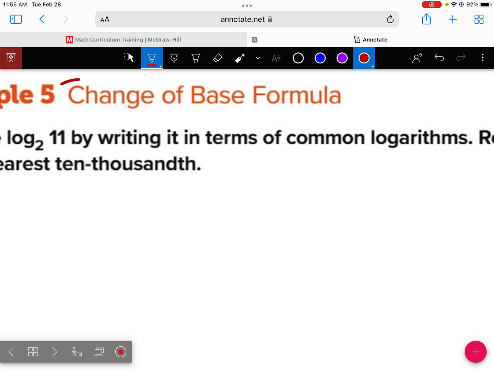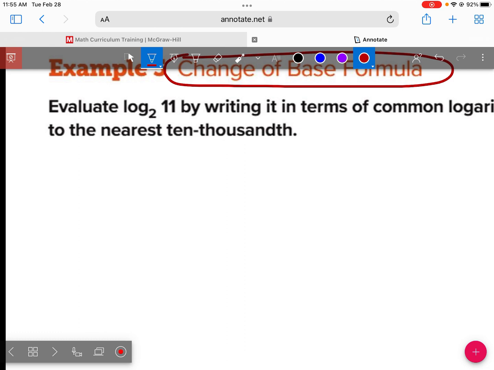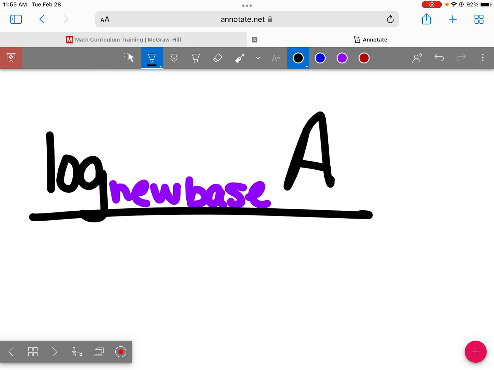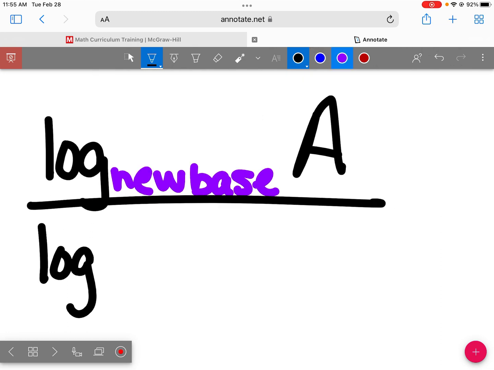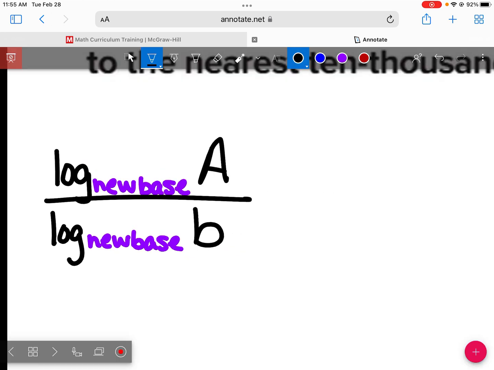Use change of base. I want you guys to practice writing it and practice putting it in the calculator.